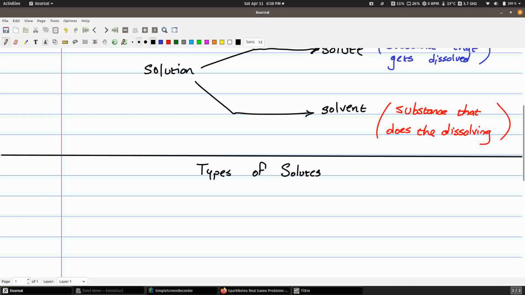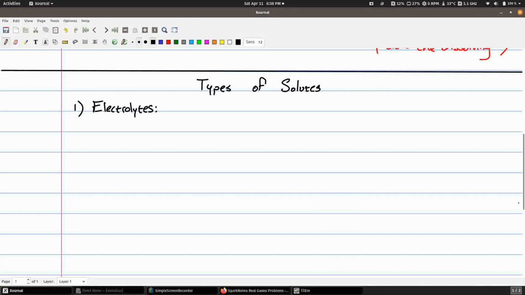Hang on 1 second. Okay, so the types of solutes that you're going to see are electrolytes and non-electrolytes.